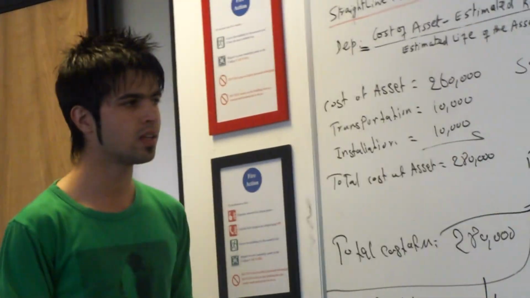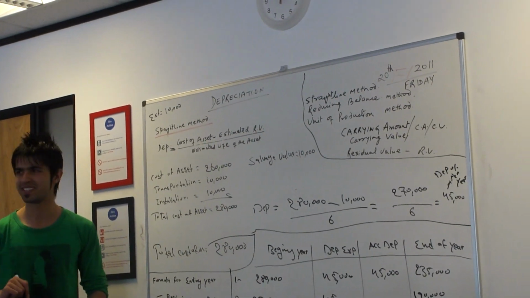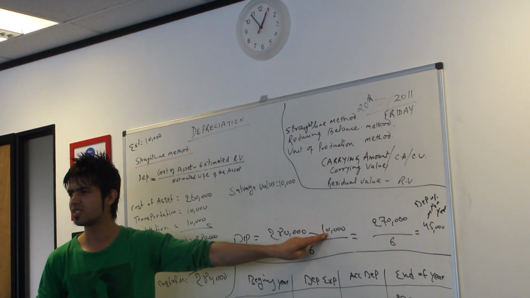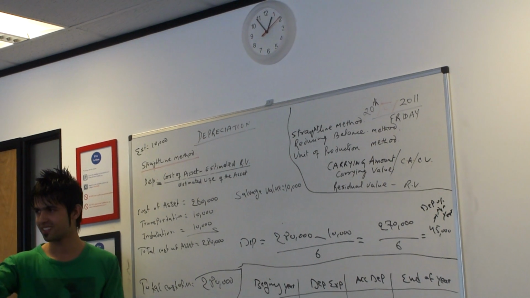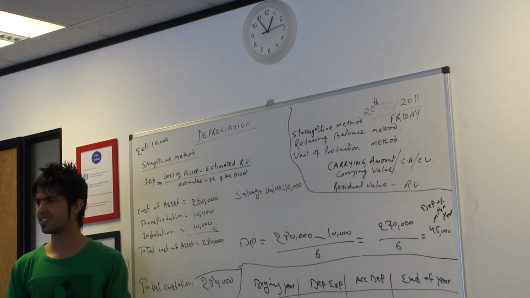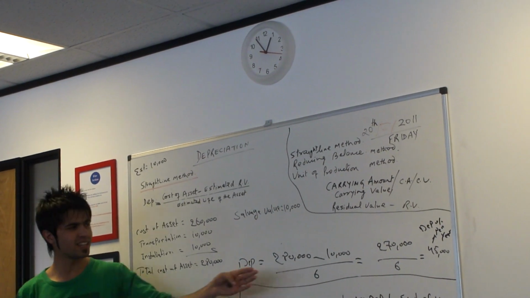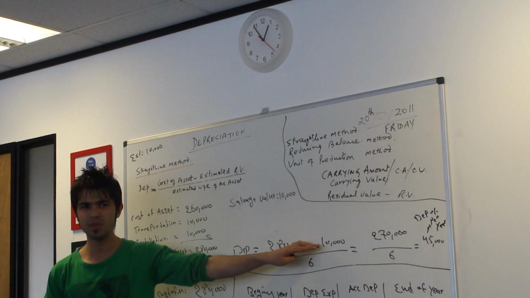Okay, wonderful. Then the second question, from the teacher. My friends, what is 10,000? What does it mean? Raja, can you please repeat the question? What is 10,000 that we minus from? It means the transportation and installation.